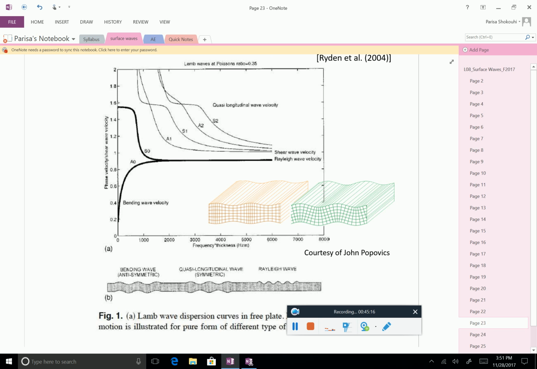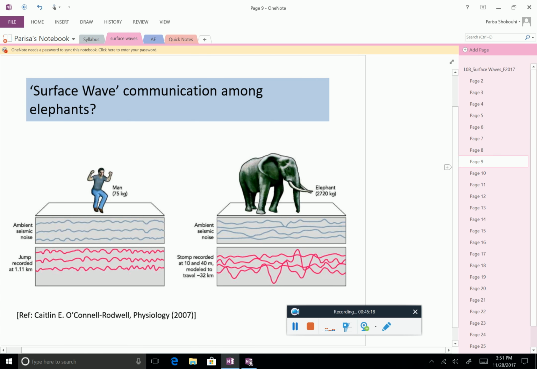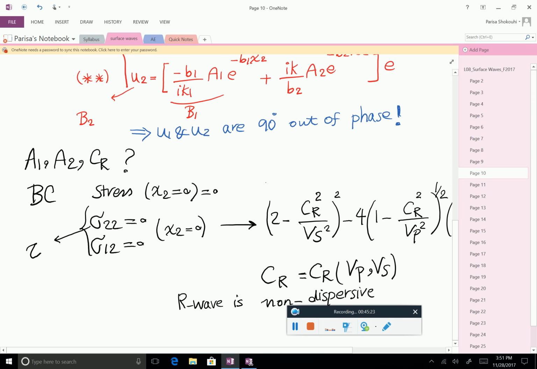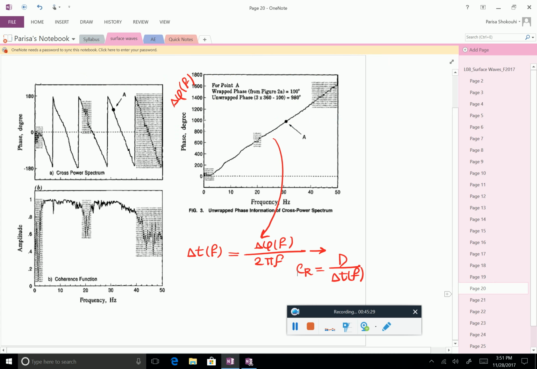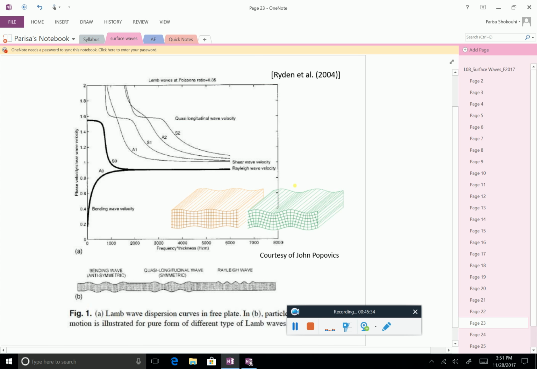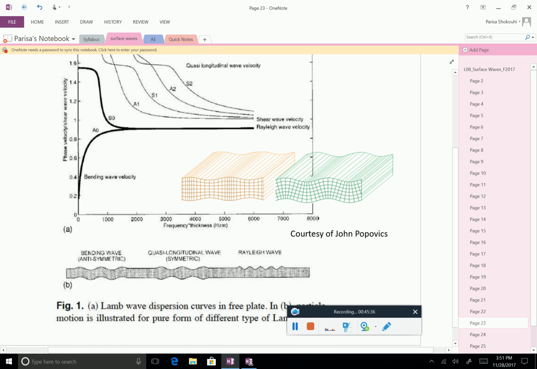It is right here. When we were developing the equation, we had to impose this boundary condition. Now, if you have a plate, let's just look at one plate.